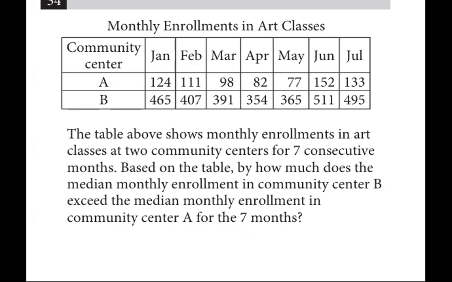Okay, so for question 34, we're asked to find the difference in the median monthly enrollment for B and A. So that would be E2 and C2, 77.